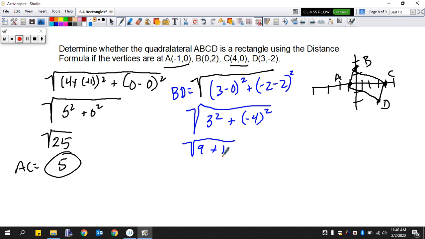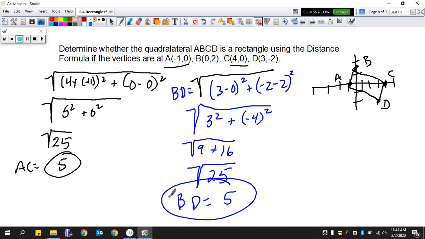So that's 9 plus 16 is 25. And so BD is equal to 5 as well. And so these two are alike. And so this is a rectangle.